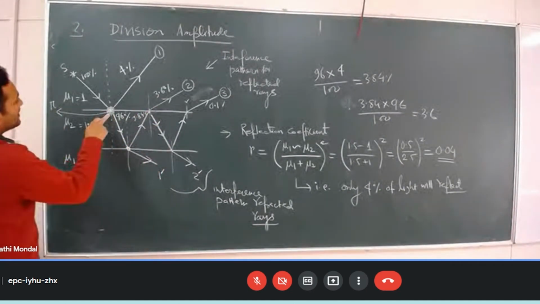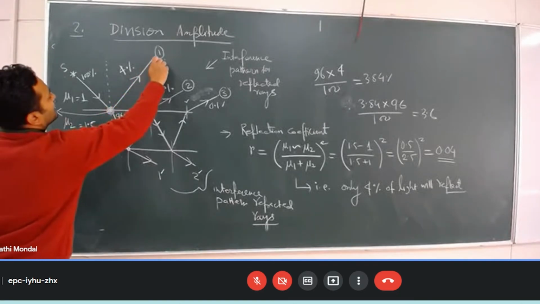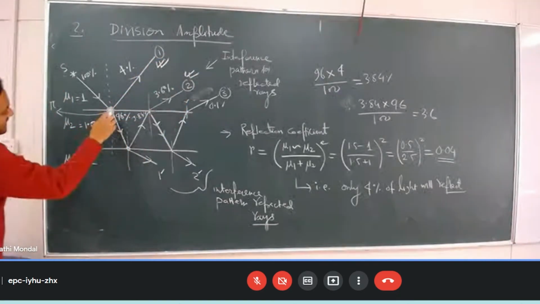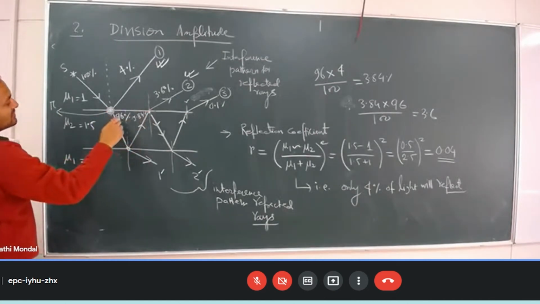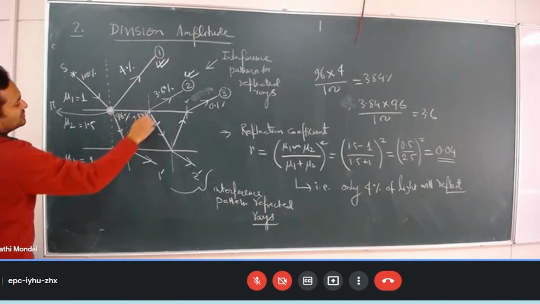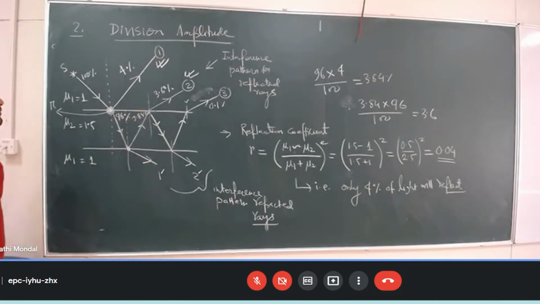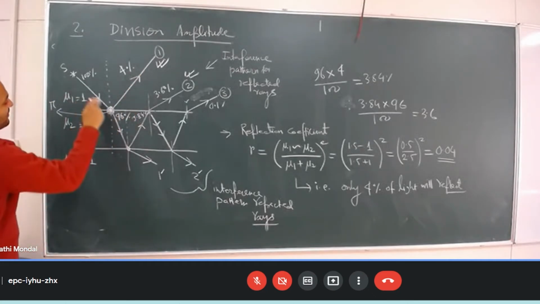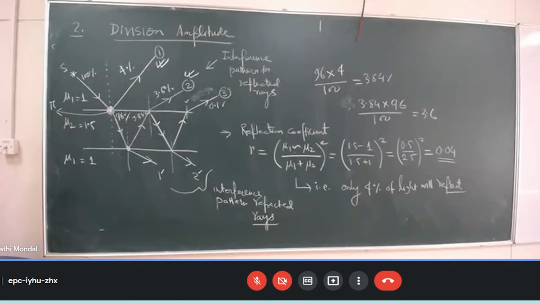If I calculate the path difference between 1 and 2, the geometrical path difference is because ray 2 travels this extra distance. And then an extra pi phase difference will also be added to ray 1 because it suffers reflection from the denser medium.